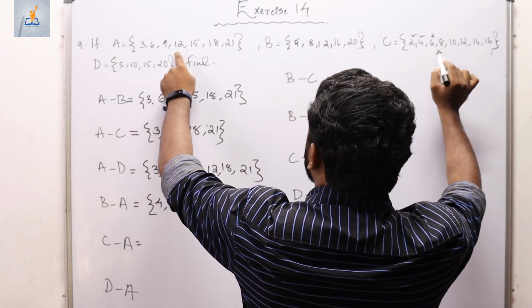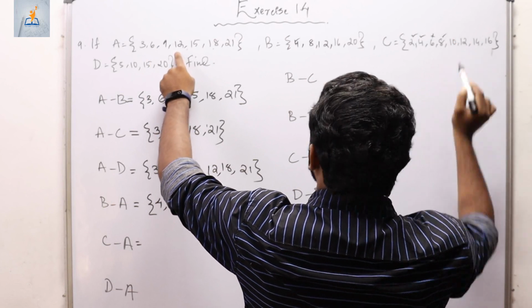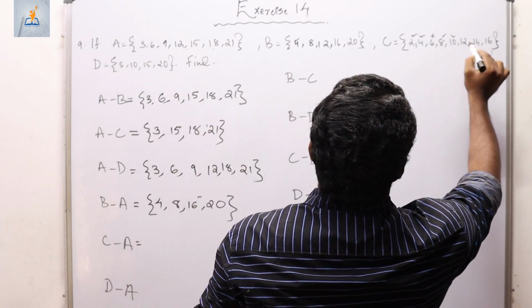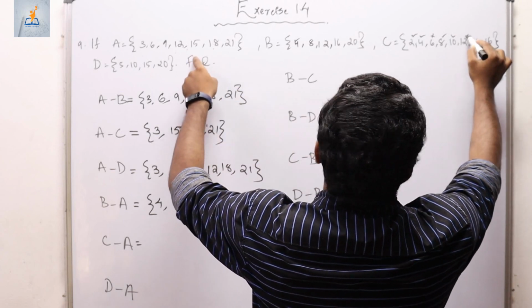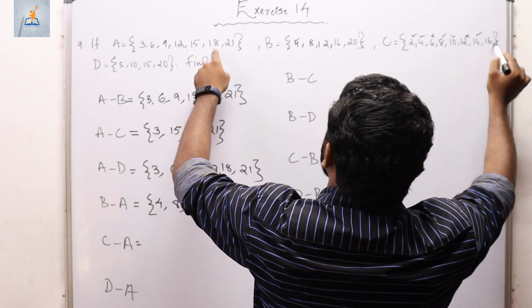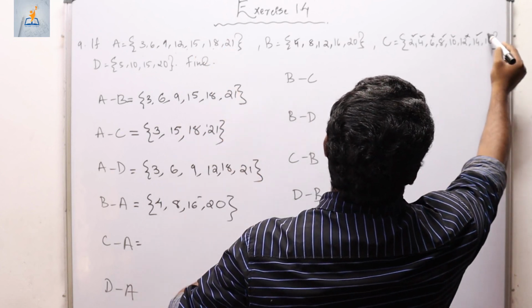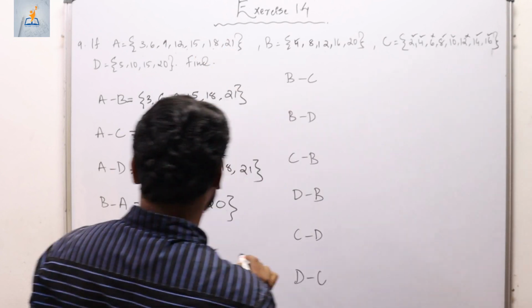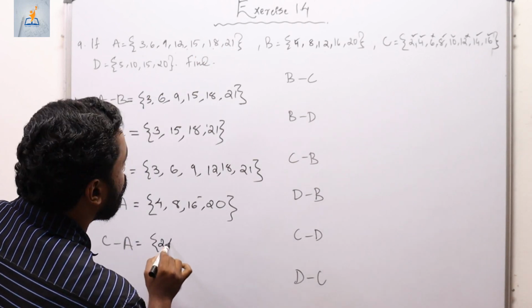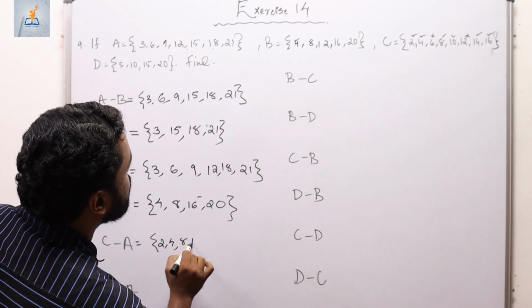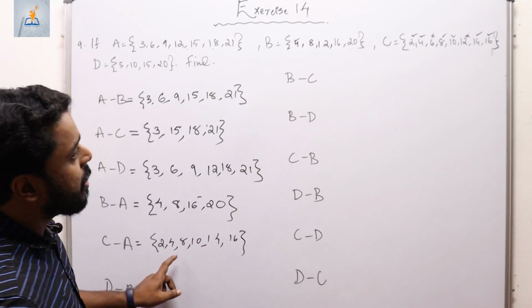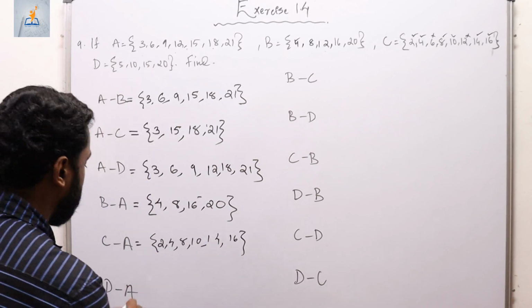Now 8 is there in C but not in A. 10 is not in A. 12 is common to both. 14 is not in A and 16 is not in A. So the elements will be 2, 4, 8, 10, 14, 16. 2, 4, 8, 10, 14, 16 will be the set C minus A.